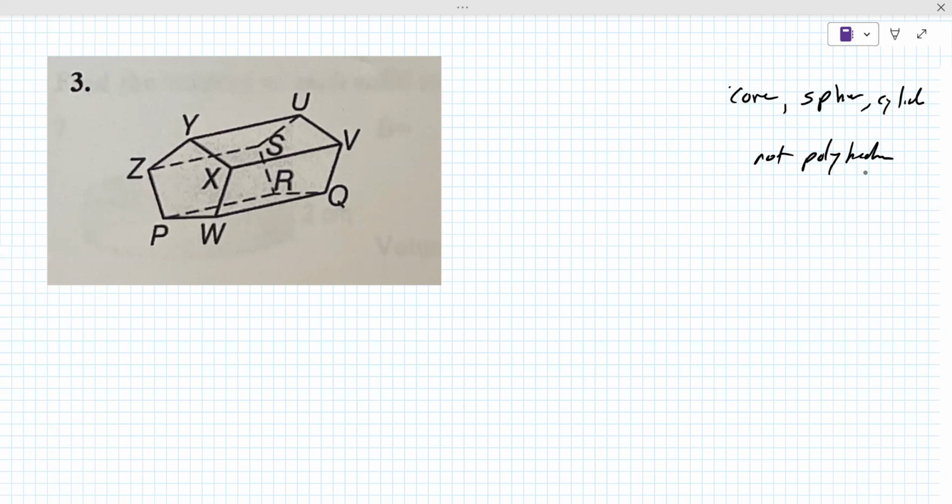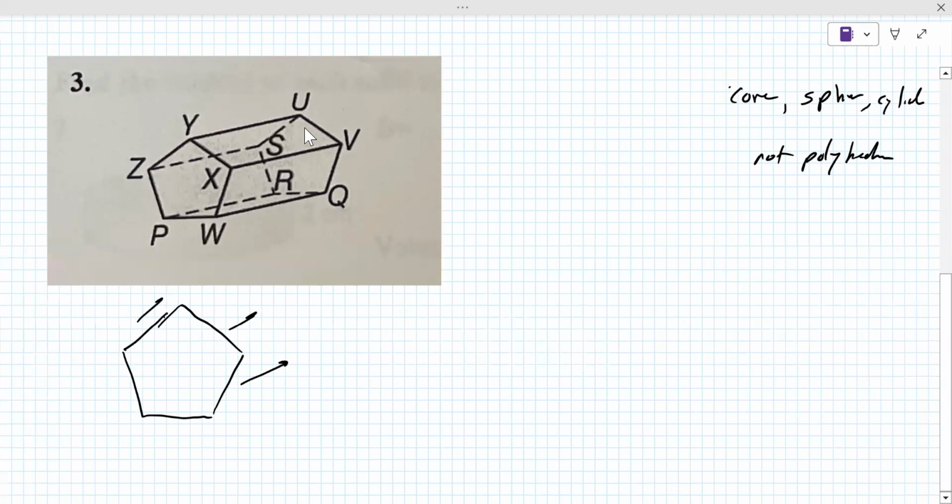All right, 3 is something. They actually give it to you in the picture, but you look for what's the face that is extended. In this case, there's a pentagon that is extended. The other way to think about it is, how could you slice this and always get the same shape?